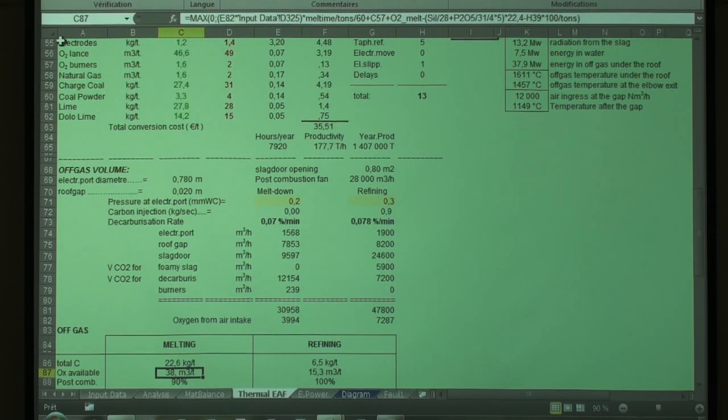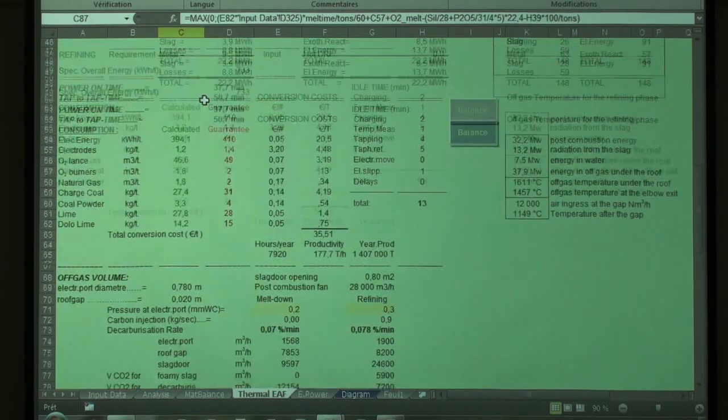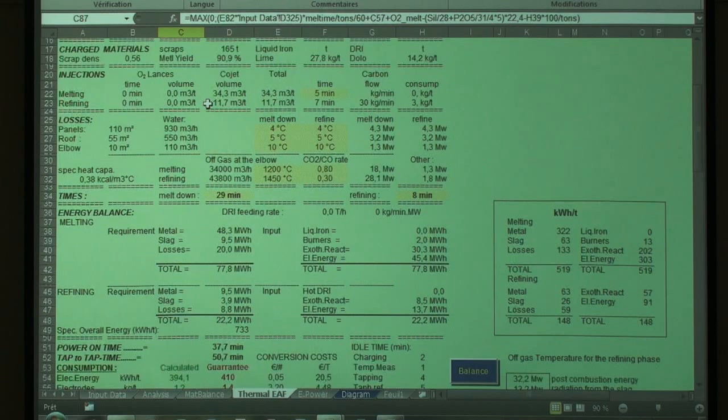Oxygen for melting, because I have no burners during refining, and the rest is the total amount of oxygen I blow during melting. This is this value.